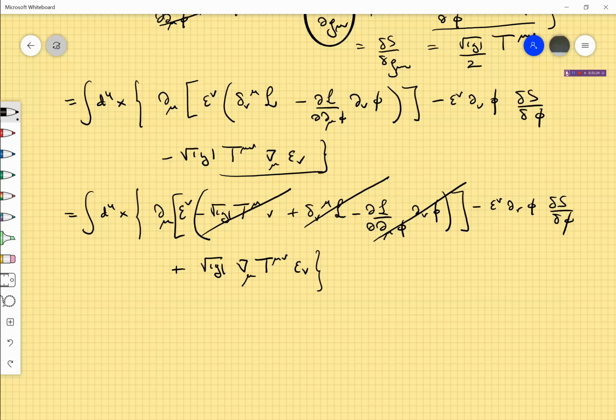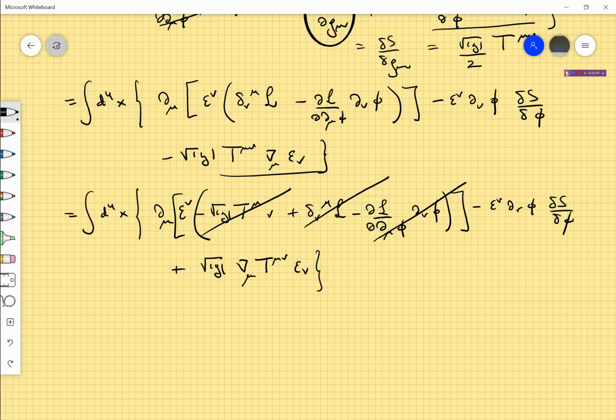It is not gauge invariant, but it's not even symmetric, since the gravitational energy momentum tensor is the derivative of the action with respect to the metric, which is symmetric, so it is always symmetric. You cannot cancel something symmetric with something which is not symmetric, and this cancellation will not take place.